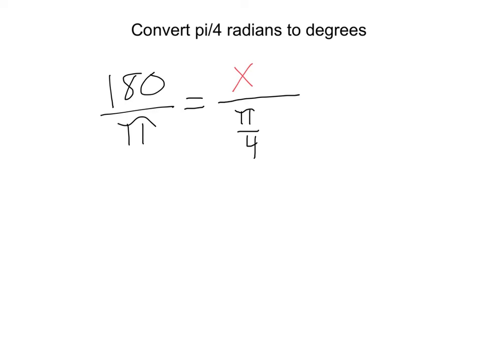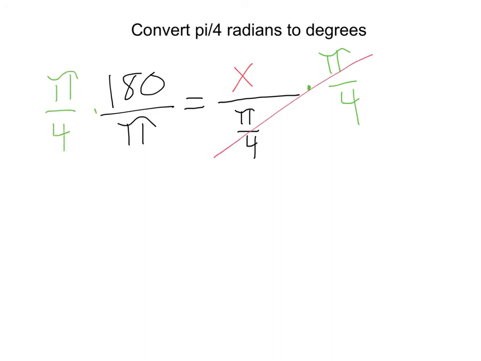All right, try not to get thrown off by this fraction over fraction. Here we have x divided by pi over 4. All we're going to do is solve like normal. Since we have x divided by pi over 4, all we need to do is multiply both sides by pi over 4.